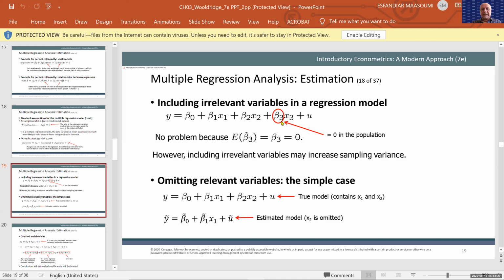It's a simple setting. I put this x3 in the regression, but it's okay. It's when it's 0. So when I run this regression, my estimator under the assumptions 1 to 4, in fact 1 and 4 is sufficient, will give me an unbiased estimate.